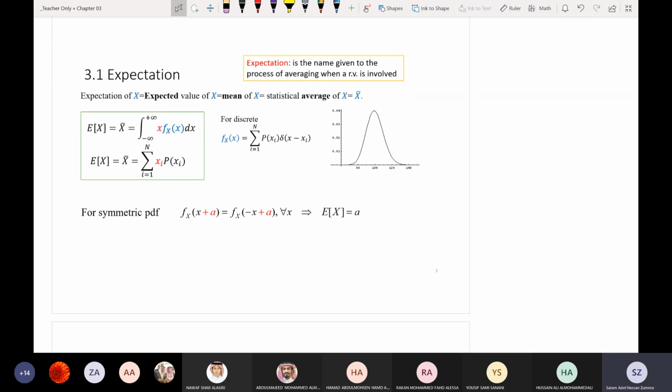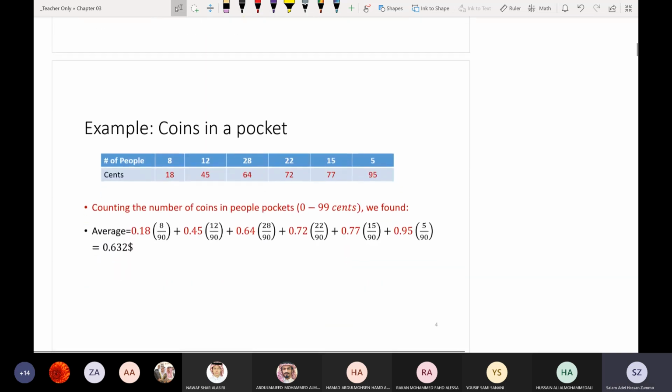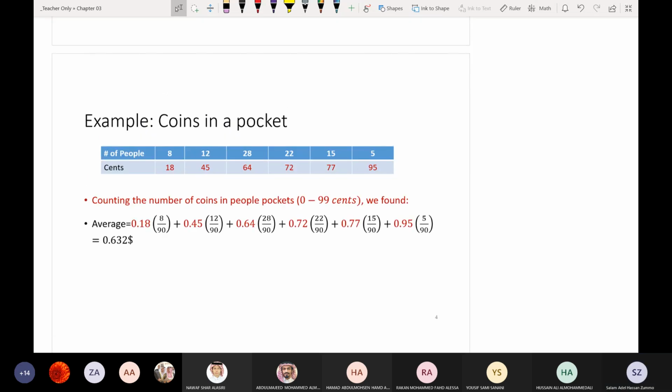Before we go into the expectation, let's assume that we have this example. Now I have certain people, and every one of them carries a certain amount of money. The number of people carrying 18 cents is 8 people. The number of people carrying 45 cents in their pockets is 12 people. The number of people carrying 64 cents is 28 people.